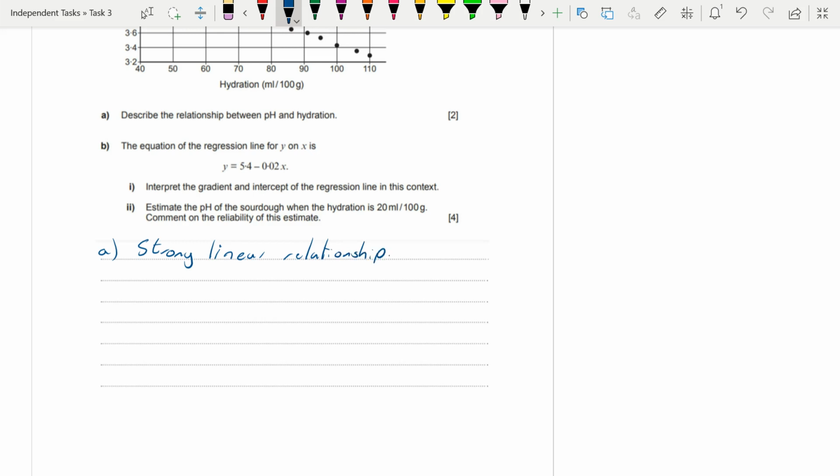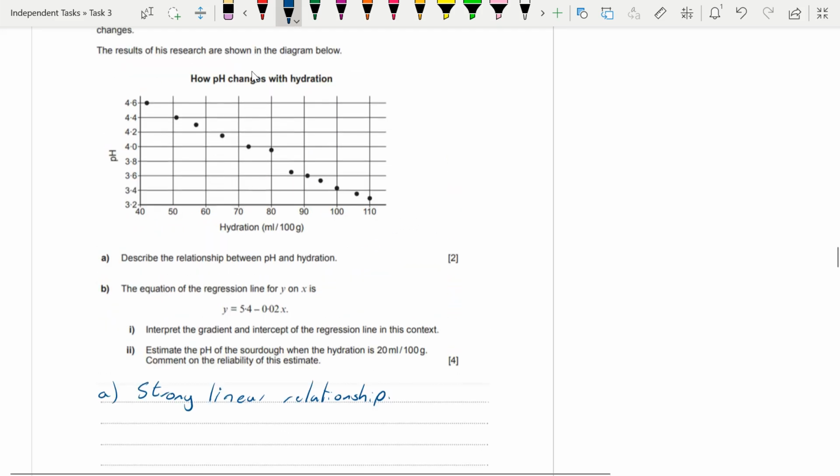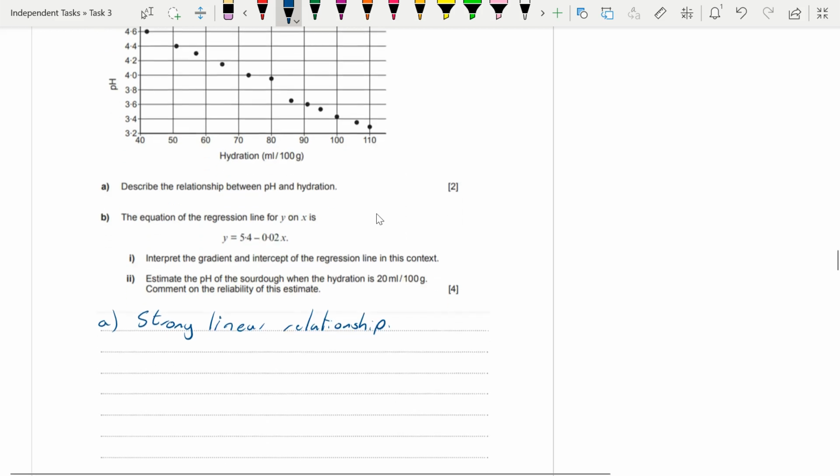Now, the other thing I'm going to describe is it hasn't asked for correlation, it's asked for relationship. So think about as one increases, the other either increases or decreases. Now, in this case, as hydration increases, the pH tends to decrease.